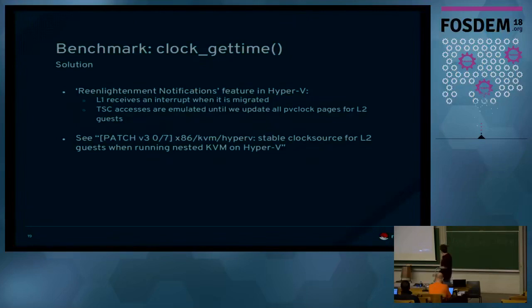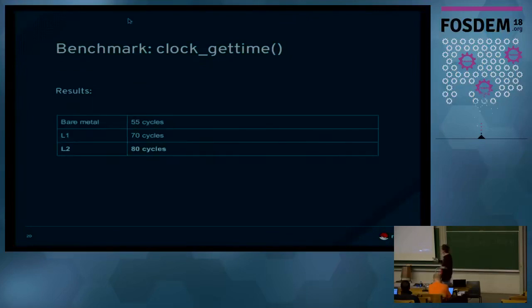And after that, these are the numbers we get. As you can see, this issue goes away completely. Such workloads will run in level 2 with exactly the same speed as they are running in level 1. So they're not any worse.